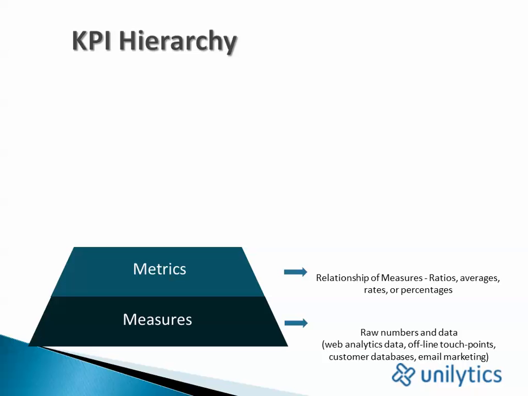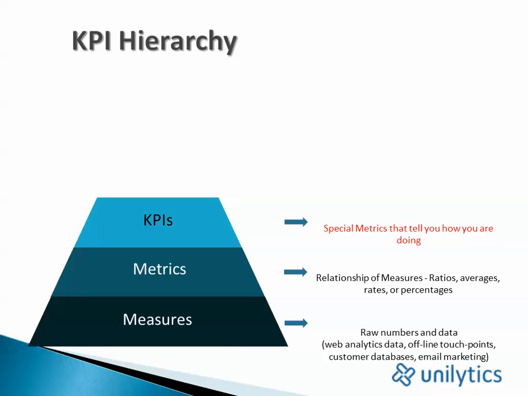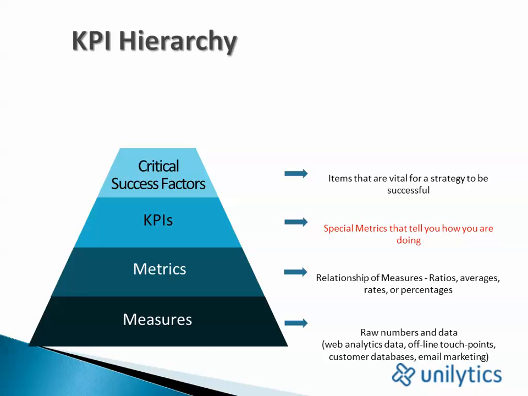So those relationships between those raw measures would be metrics. Then we have KPIs, which are basically just metrics, but they're special metrics in that they describe how you're doing on a particular strategy that you're implementing. Above KPIs, we have critical success factors. These are items that are vital for your strategy to be successful.